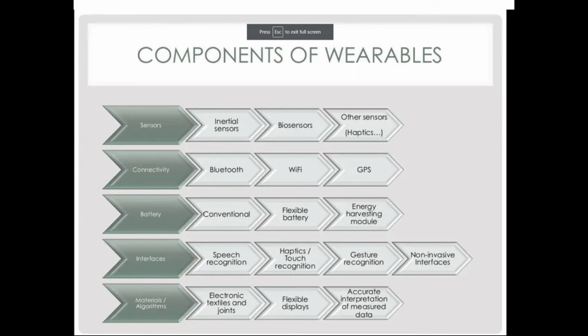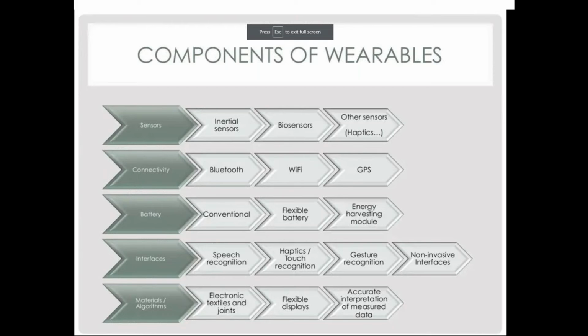Apart from those interesting research topics which I have seen, there are also conventional batteries, flexible batteries, and energy harvesting modules. Energy harvesting may be in terms of solar harvesting or any other harvesting. Now let us talk about interfaces. Should we restrict ourselves to only one thing?